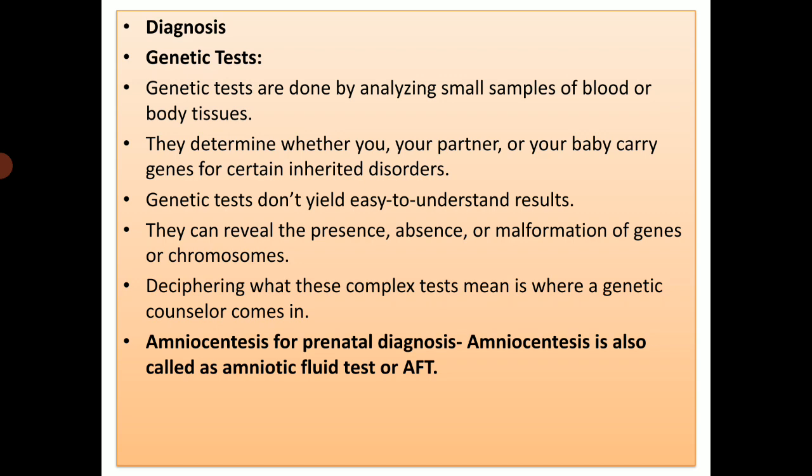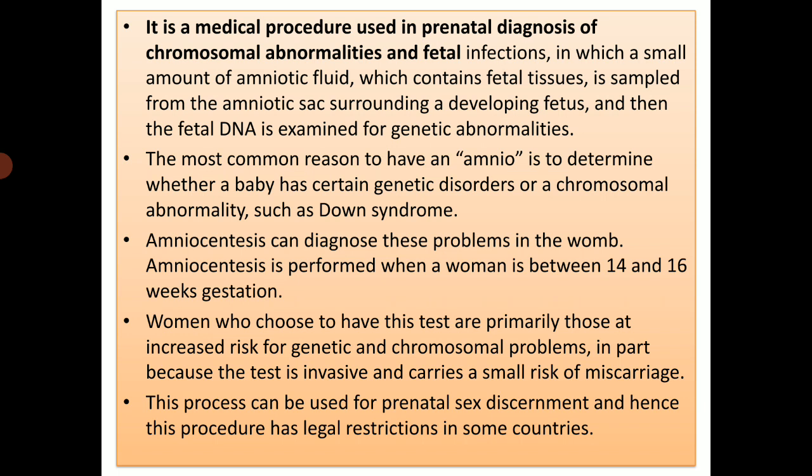Now, amniocentesis for prenatal diagnosis, that is, amniocentesis is also called the amniotic fluid test or AFT. Now, what is this amniocentesis that we will see now? It is a medical procedure used in prenatal diagnosis of chromosomal abnormalities and fetal infections, in which a small amount of amniotic fluid is sampled.